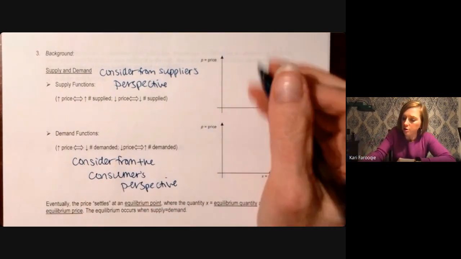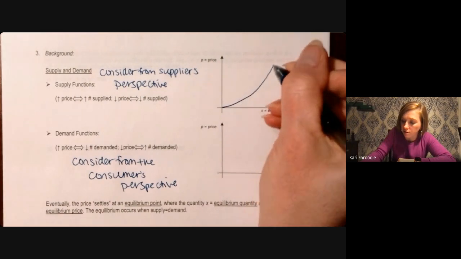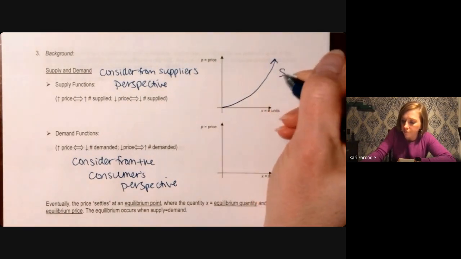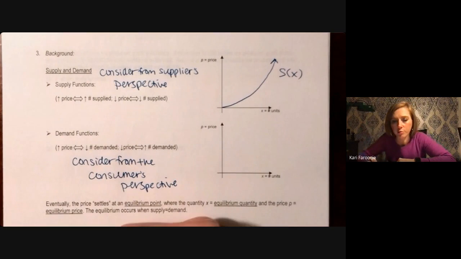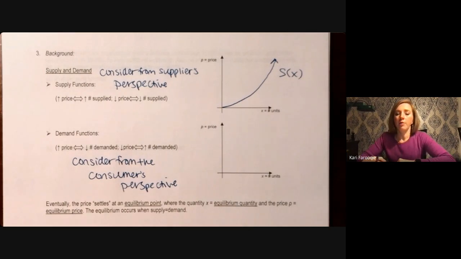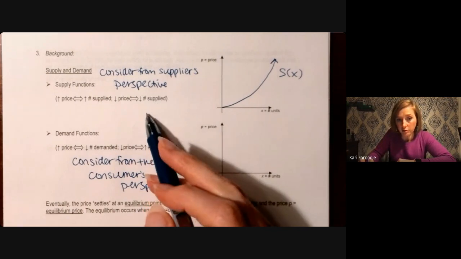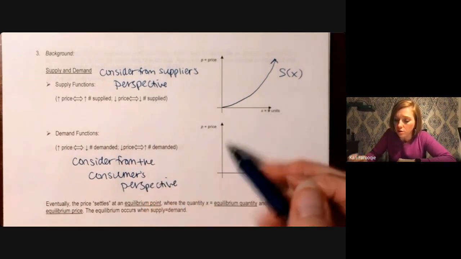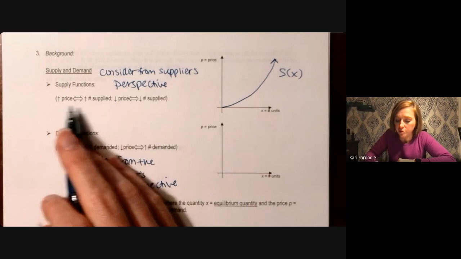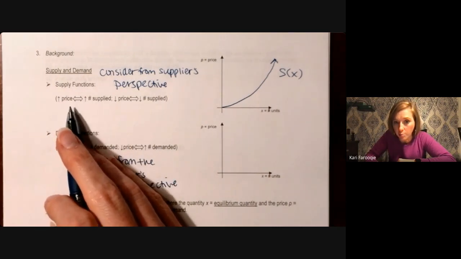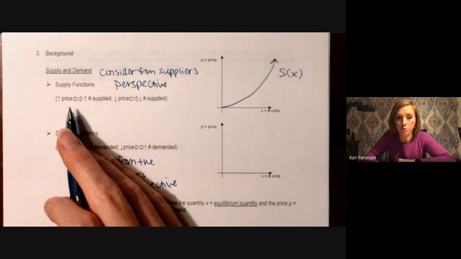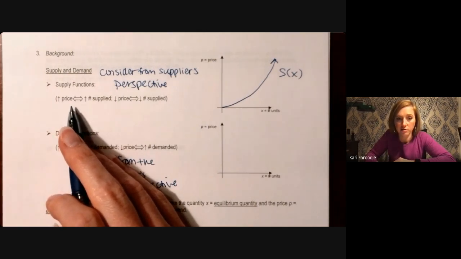For the supply curve, it kind of looks like this. And usually we'll just label it with something. You can call it S of X. A lot of times it'll just be called Y, or maybe it'll be called P. The reasoning behind this is because from a supplier's perspective, the more units you supply, the more your price is going to go up for what you are going to have to dish out to make those units.